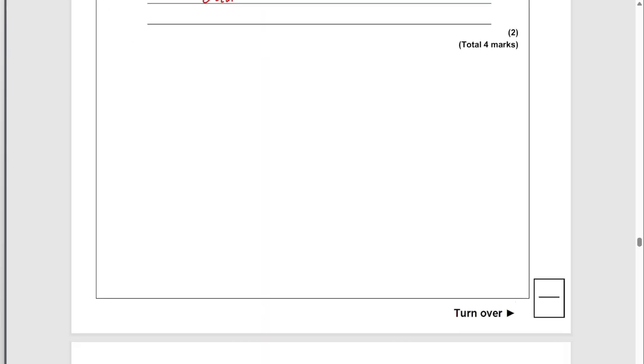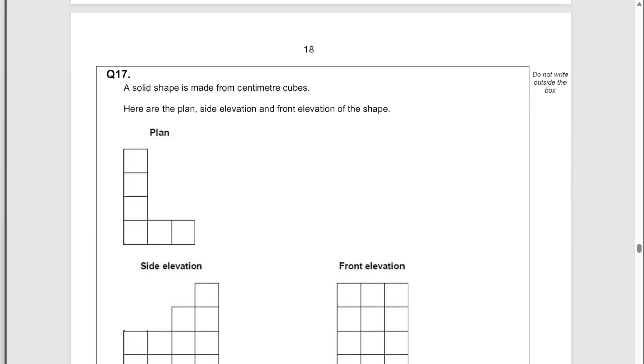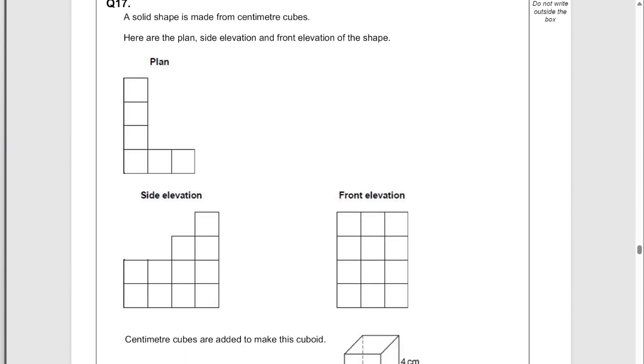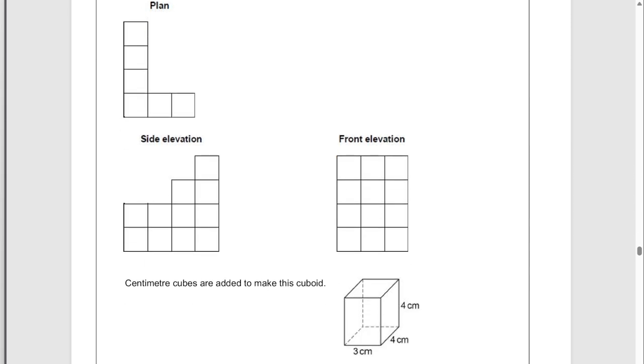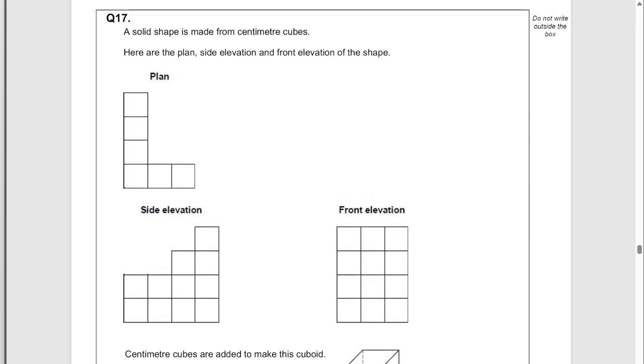Okay, question 17. Solid is in the shape of centimeter cubes. Here are the plan and side elevation and front elevation of the shape. Centimeter cubes are added to make this cuboid, so a 3 by 4 by 4. How many cubes need to be added? Okay, so the plan and the side.